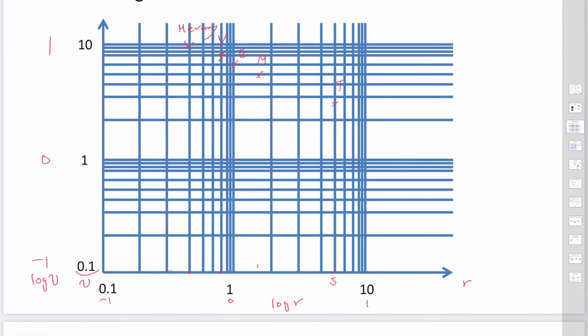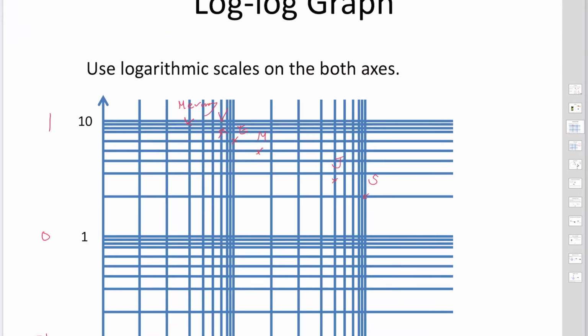This is Jupiter. And Saturn is 9.6, about 10. Then the rotation speed is 2. This is Saturn. Then the data is on a straight line. So if you connect all the data, then you can draw a straight line.